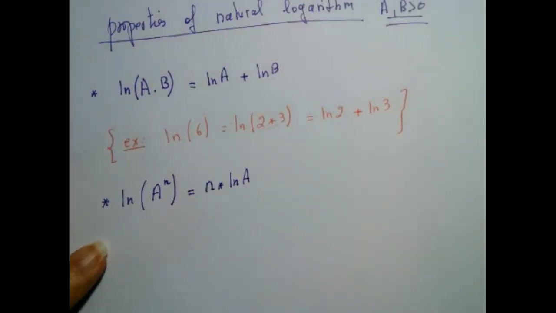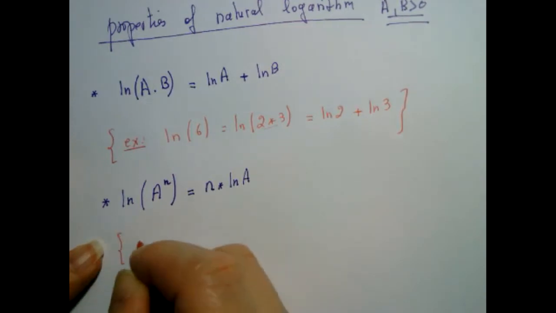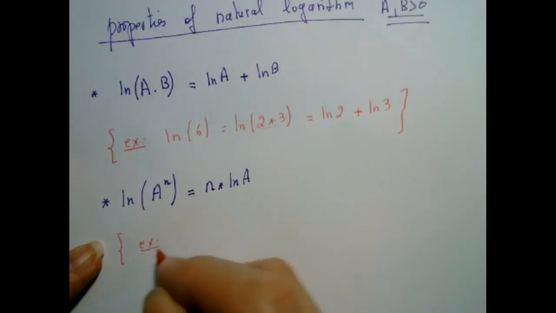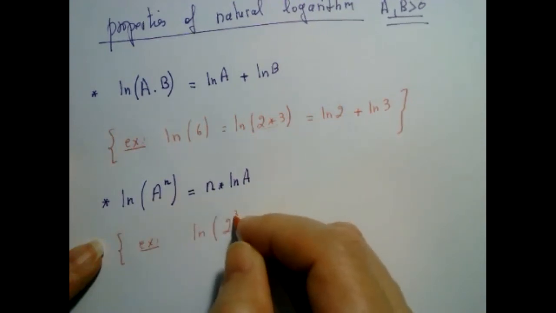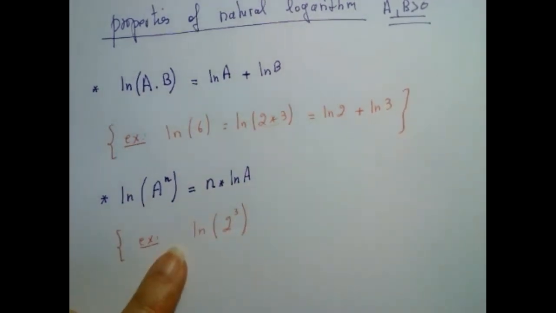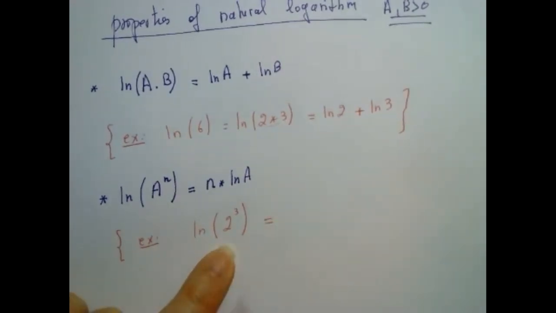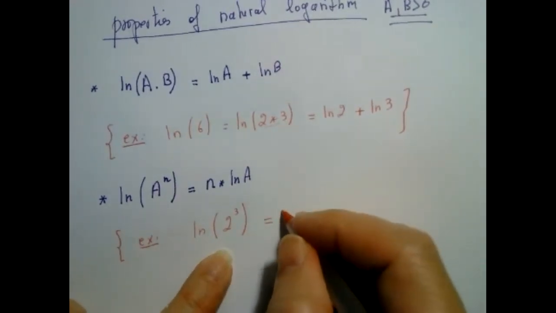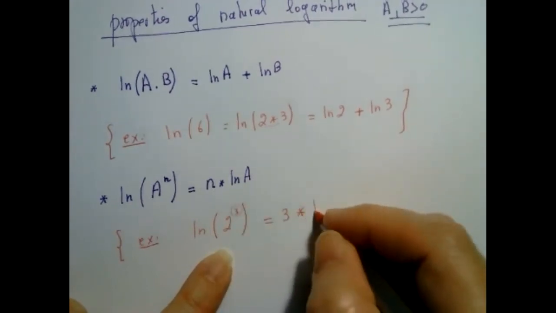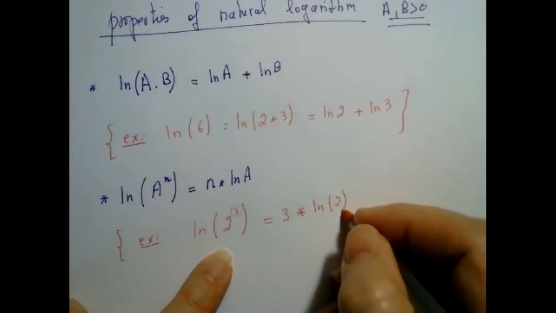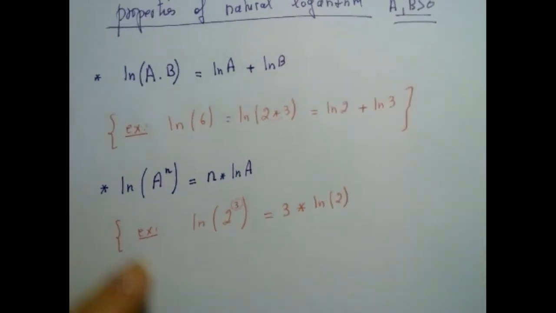So let's see through an example what it means. If I have ln of 2 to the power 3, for example, that's the number I'm finding. This is exactly the same thing as 3, that's the power, times ln of 2. That's the property that we will be using a lot.